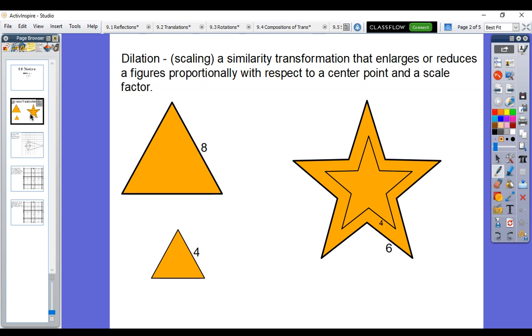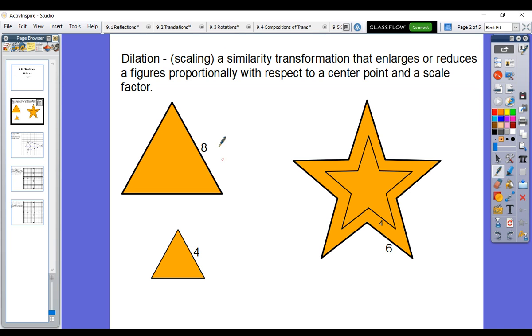So dilation, also called scaling, is a similarity transformation where you're able to enlarge things or shrink things proportionally with respect to the center and a scale factor. So we're still dealing with scale factor. Scale factor will always be our best friend forever and ever. We're scaling up or scaling down.